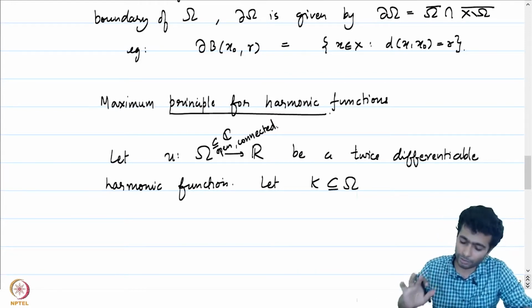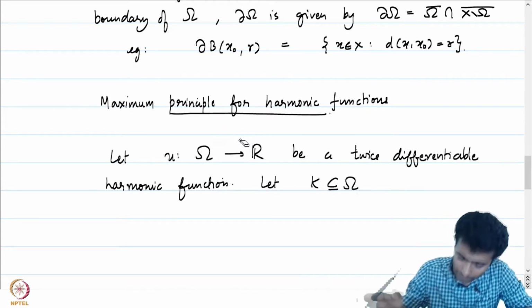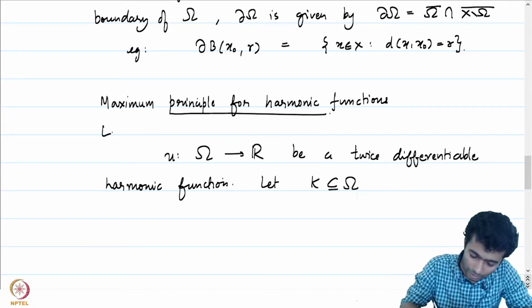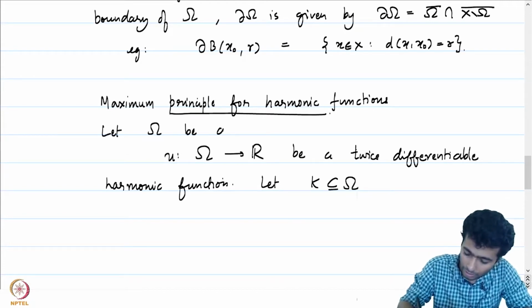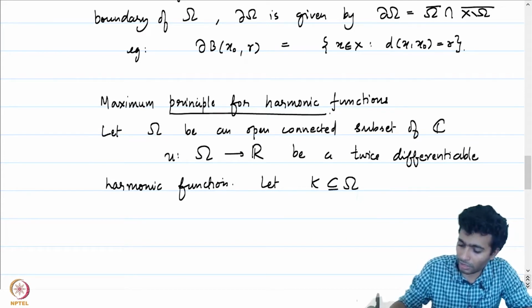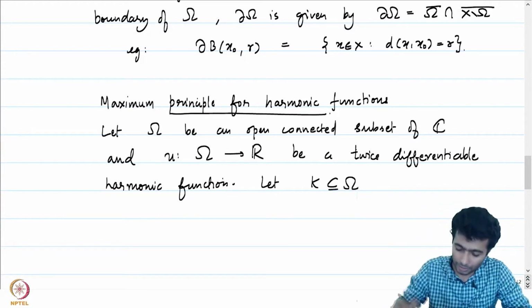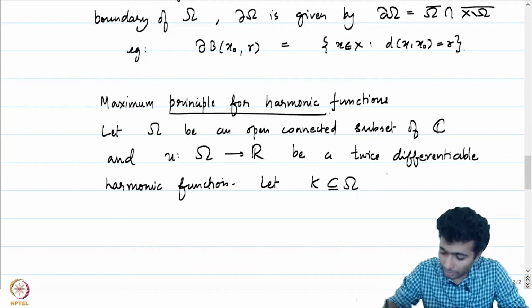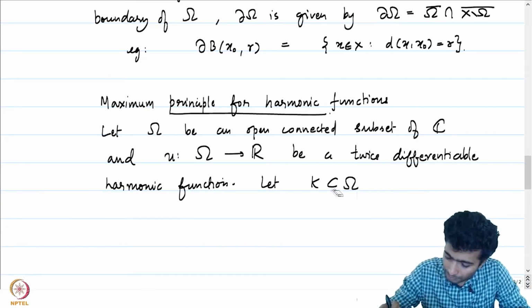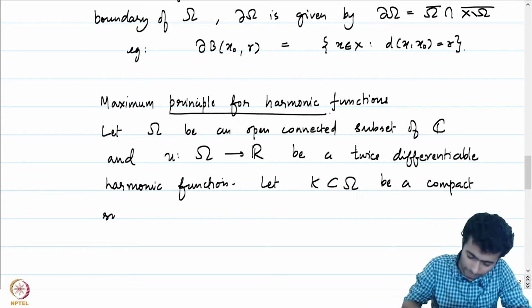Let omega be an open connected subset of C and u from omega to R be a twice differentiable harmonic function. Let K contained in omega be a compact subset of omega.